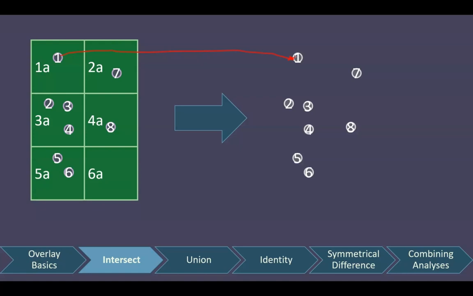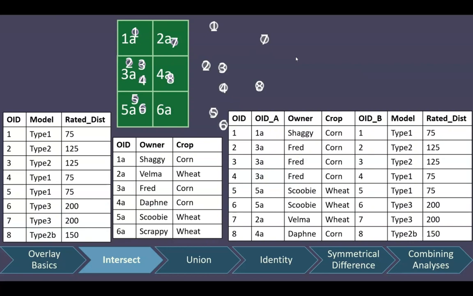But more importantly, because we did Intersect, again, we have the attribute table to keep track of. And if we look at the attribute table down here, again, just keep track of what's overlapped in the original data sets compared to the output.